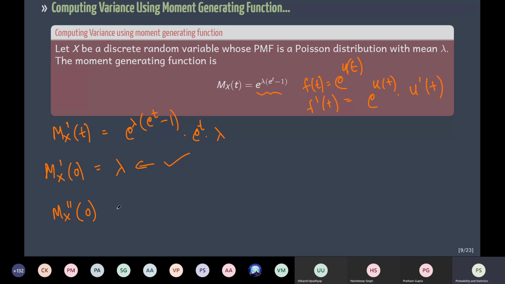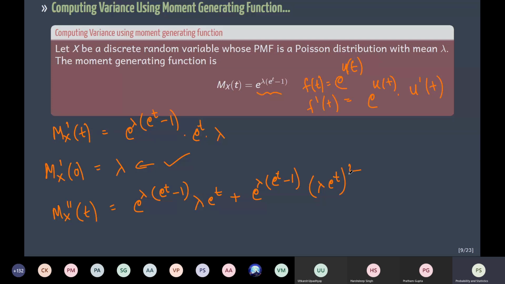Then what we need is the double derivative, M_X double prime. First we compute it using the product rule: lambda e^t times e to the lambda (e^t minus 1) lambda e^t, plus e to the lambda (e^t minus 1) times lambda e^t.